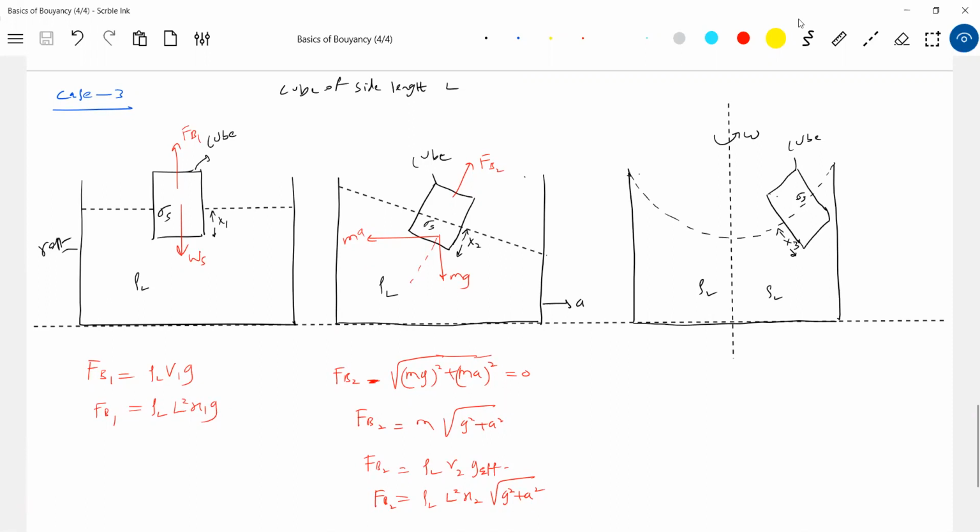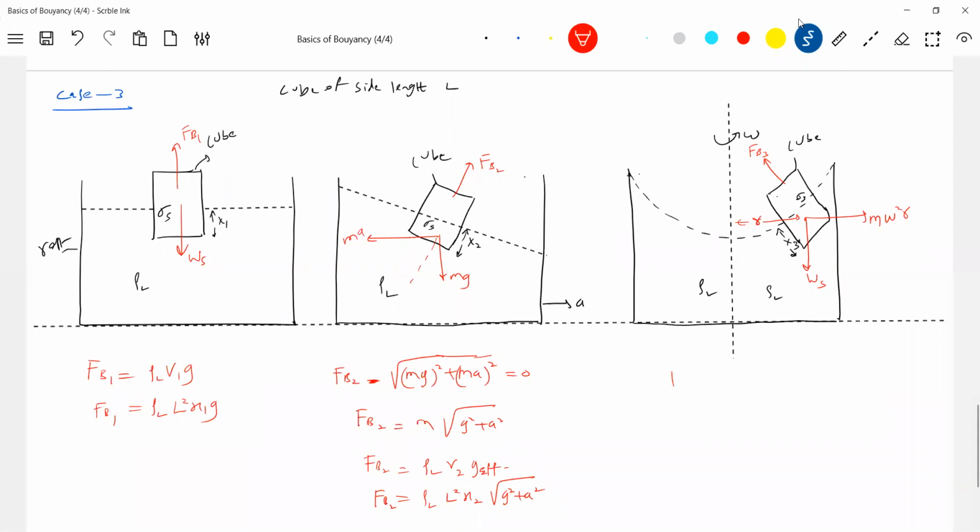Okay, let's come to here. So what are the forces acting here? The buoyant force will act like this, FB3, the weight of the solid, and the pseudo force, m omega square r. At what distance is it? At a distance r. Can you remember this one?